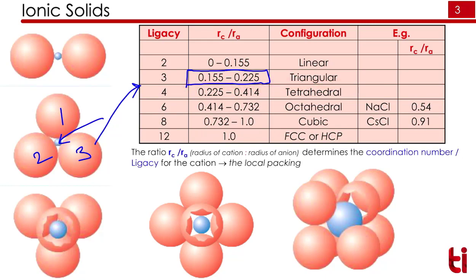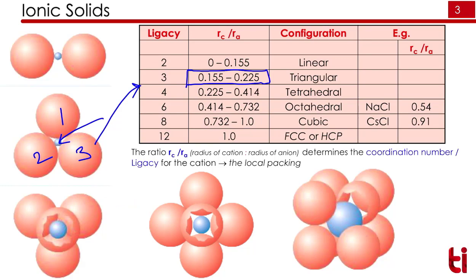Similarly, if we place a cation among 4 other anions, we call that tetrahedral configuration. Tetrahedral means it is touching 4 other atoms. So here we have 1, 2, 3 and 4 atoms, and the cation is in the void between them.